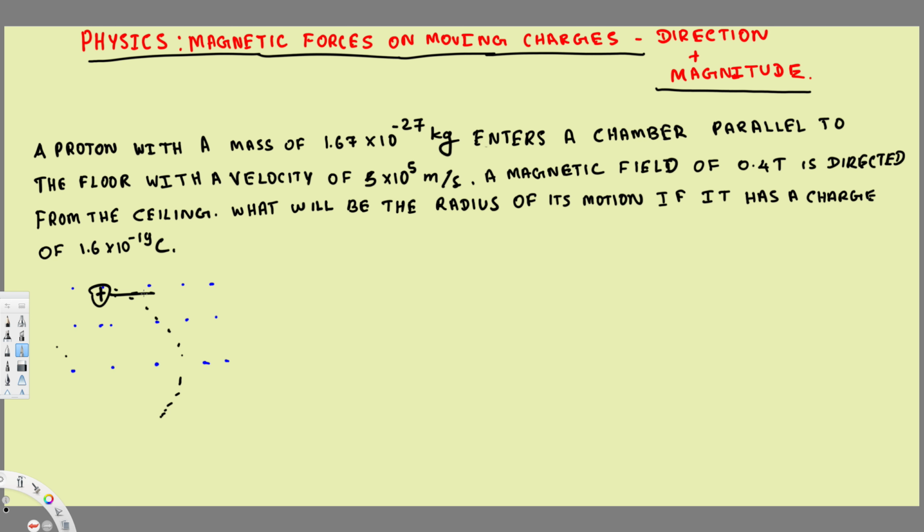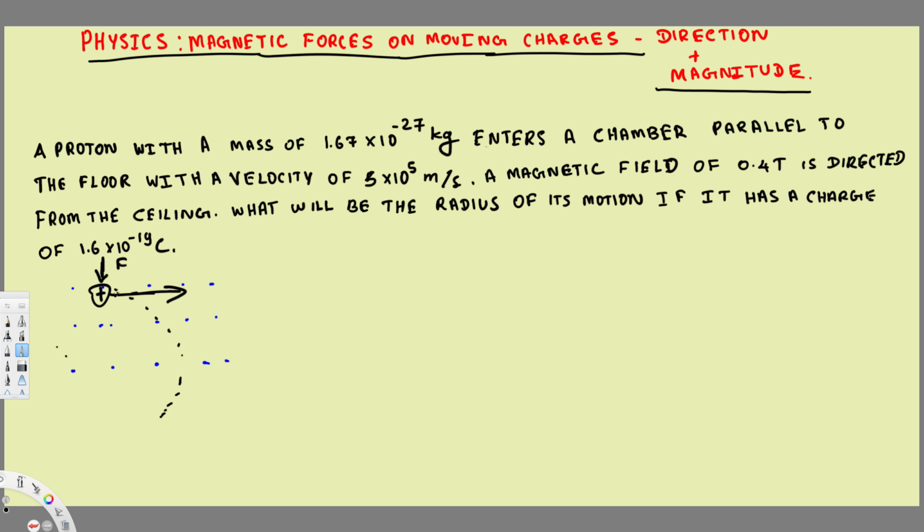So this is going in this direction, right? 5 times 10 to the power of 5 meters per second. Then fold your hand toward this magnetic field's direction, and that's going to give you the direction of the force. If you find that, it gives you this down direction. So that's going to be the direction of this force.